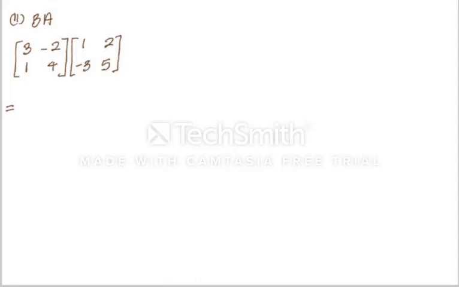We multiply the first element in the row by the first element in the column and the second element in the row by the second element in the column. So let's multiply. 3 ones are 3. A negative times a negative is a positive. 3 twos are positive 6.